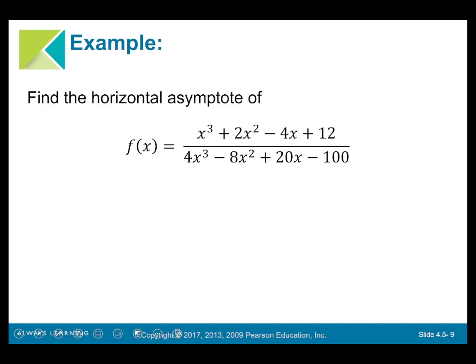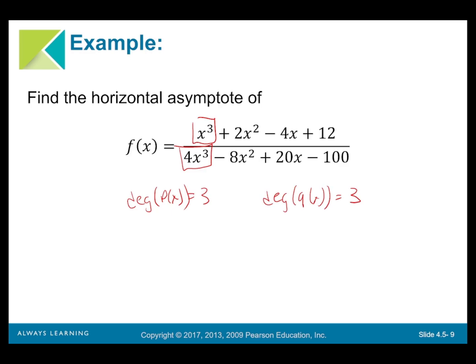First off, we always want to identify our leading term. The leading terms here are x cubed and 4x cubed. Those are both degree 3. So the degree of p of x is 3, and the degree of q of x is also 3.